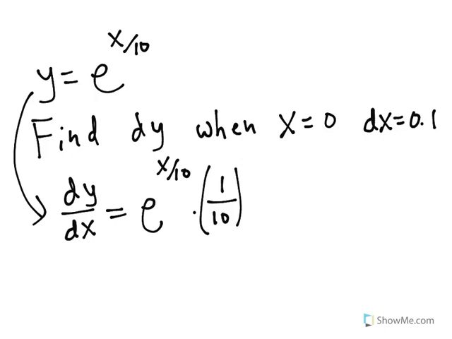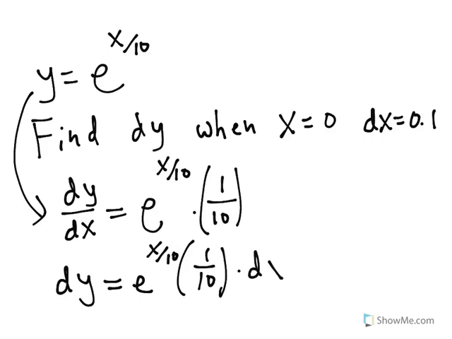And now remember, our goal is not just to get dy/dx, but to split those up and get dy all by itself. So dy equals e to the x over 10 times 1/10 times dx.